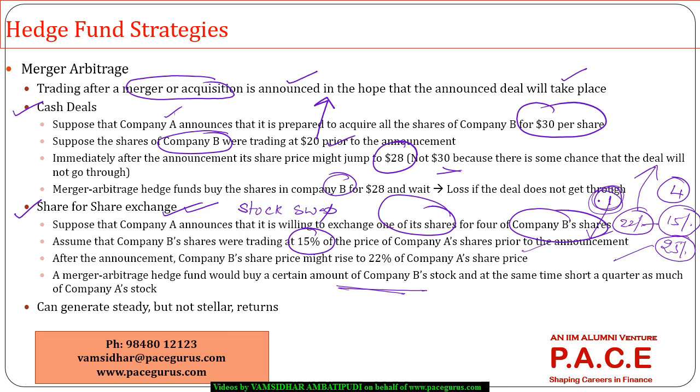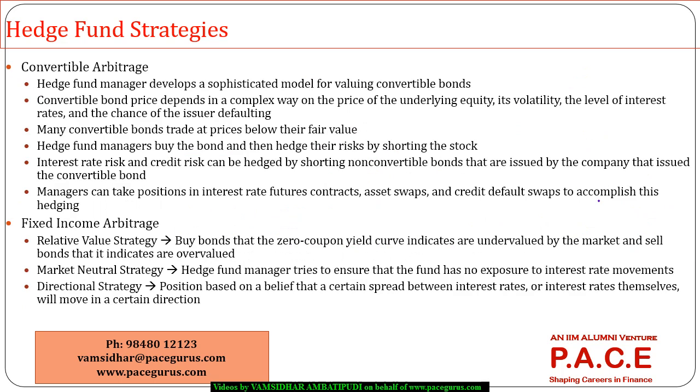Arbitrage is where we take both long and short positions simultaneously. We go long on the shares of the target company and short on the shares of the acquiring firm. This kind of merger arbitrage strategy can generate steady but not abnormal returns.